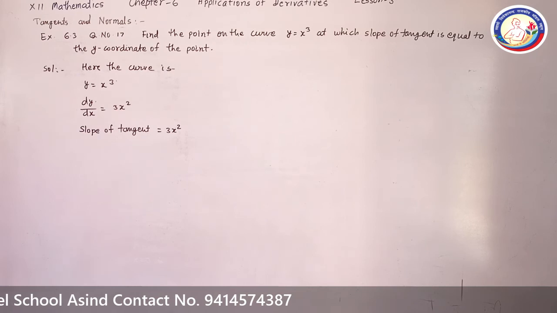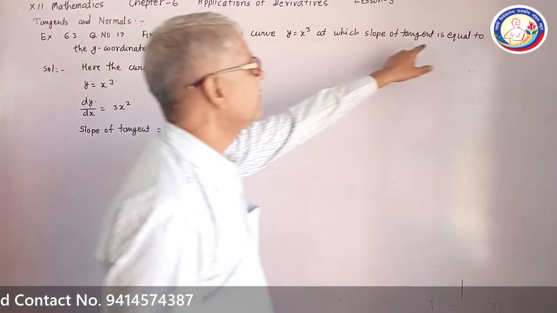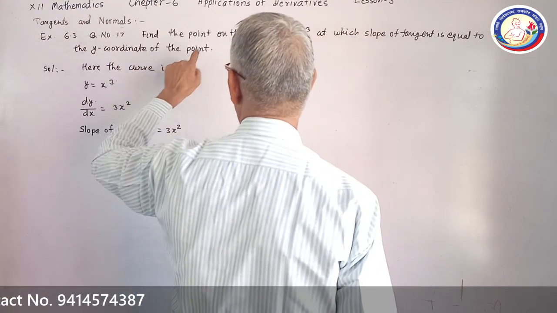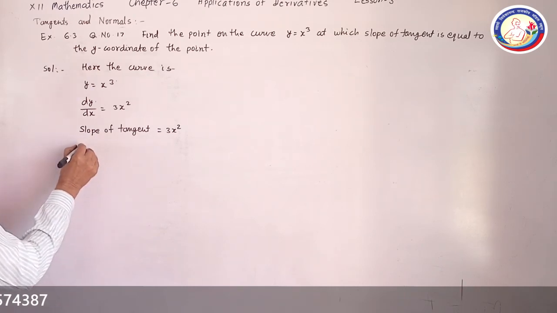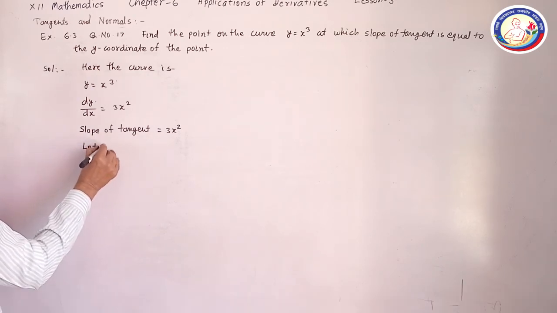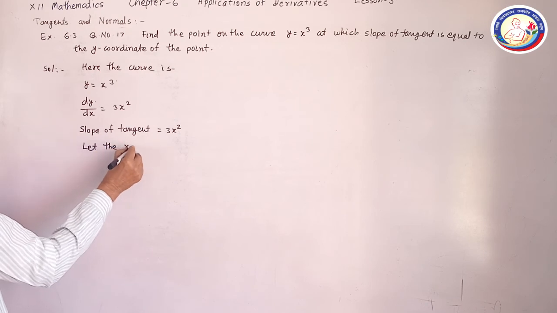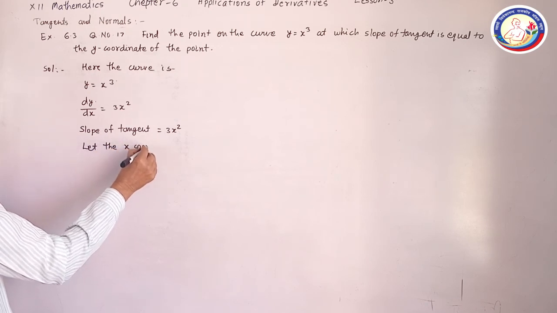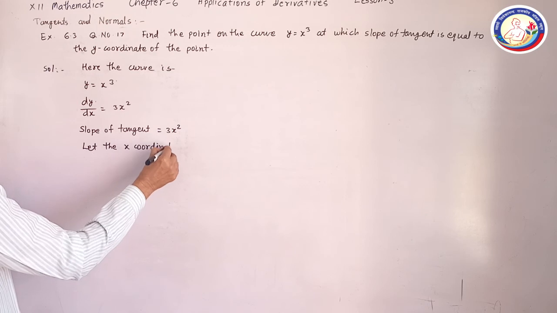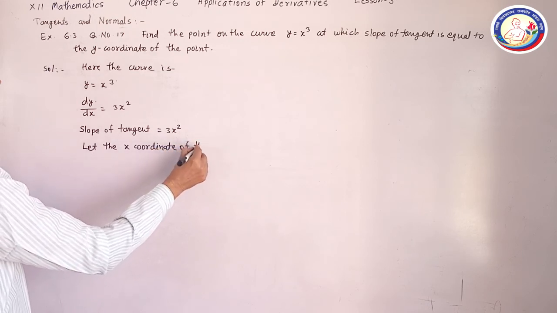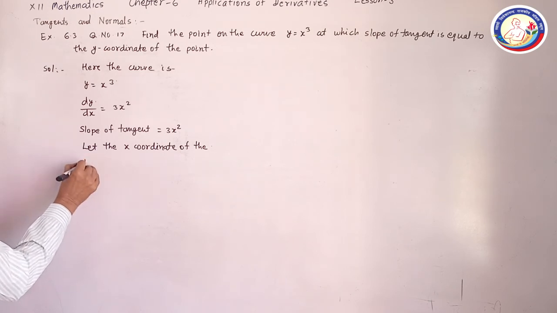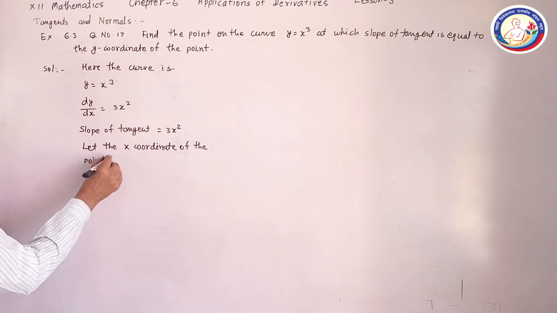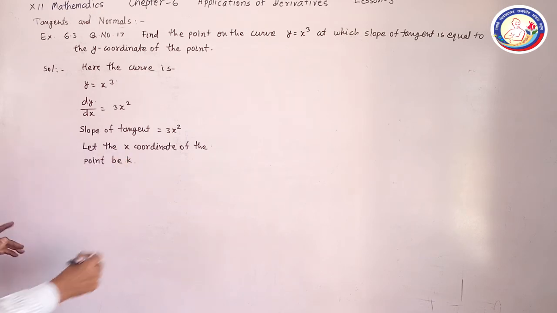Now what about the slope of tangent? It is given that it is equal to the y coordinate of the point. Say the point has x coordinate k.